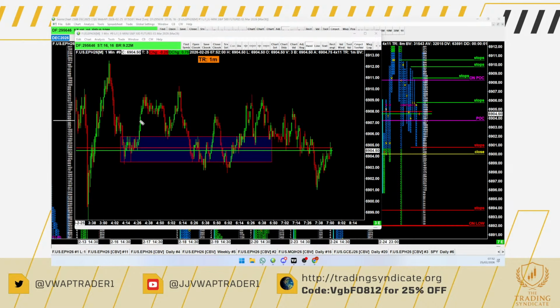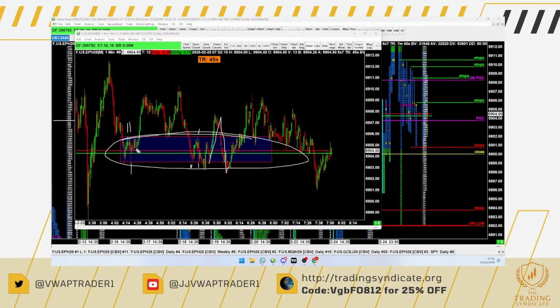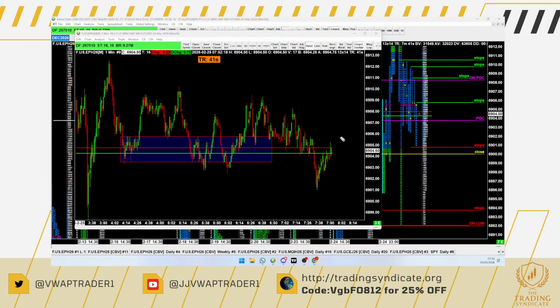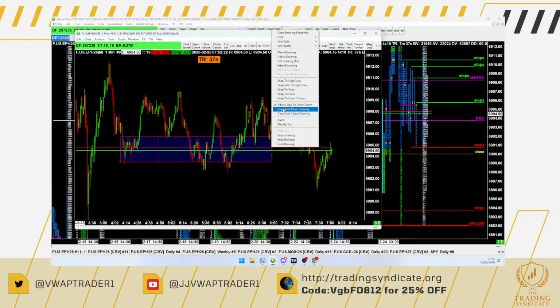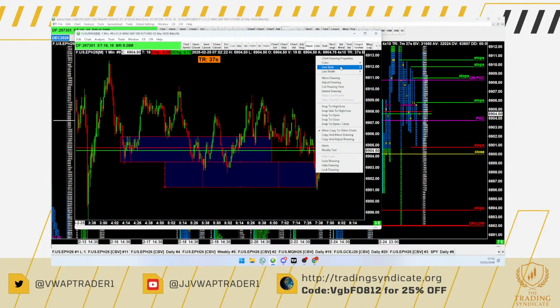It hits that low, goes right back to that high, and comes right back to that low. Looks below that low, goes above, comes back, looks below again. You could see that it's two-sided trade in this little box. So once you do that, then you just double it to the upside and double it to the downside.